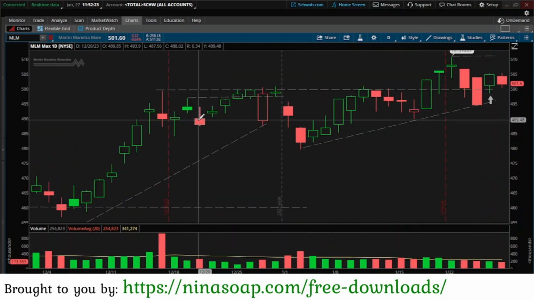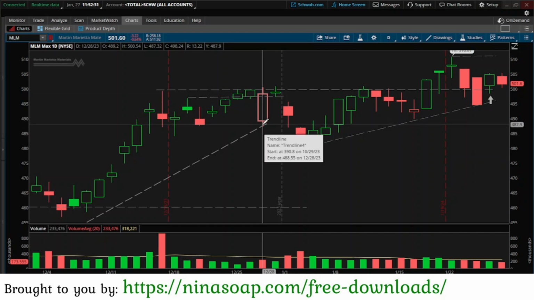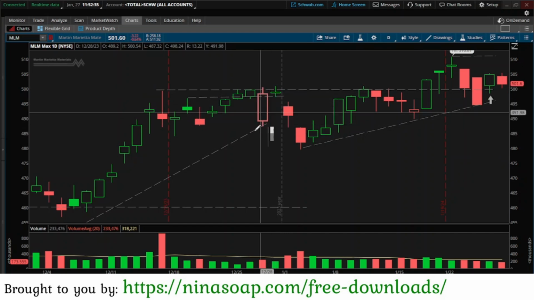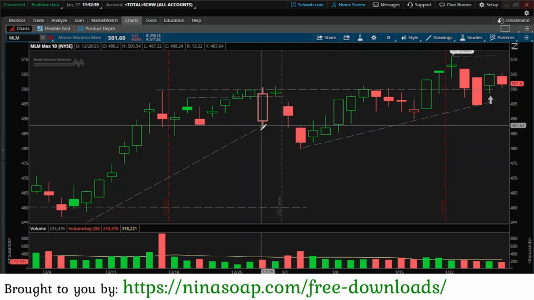And then it went down, and then went up, reached this resistance line, went down to sit on the trend line, and then went up, and from there it went down to a low that is lower than this low.